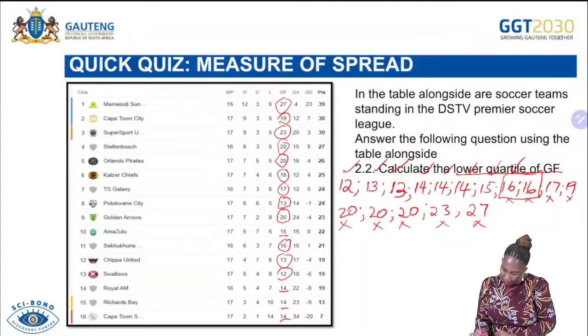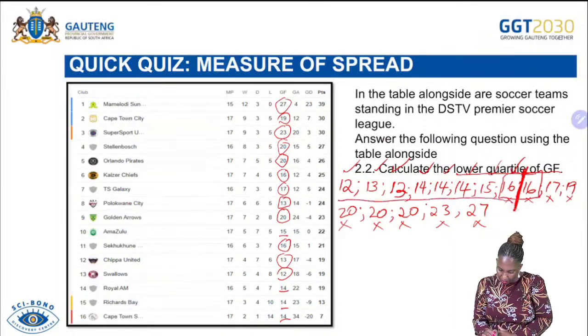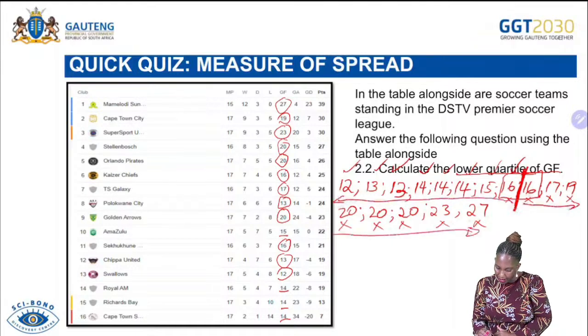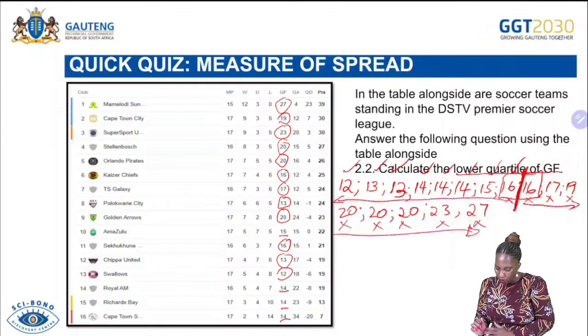Since there are 2 middle values, my data set divides here. From this side, going to the left, it will be 8 values. And from this 16 going to the right, towards the bigger numbers, it will also be 8 values.